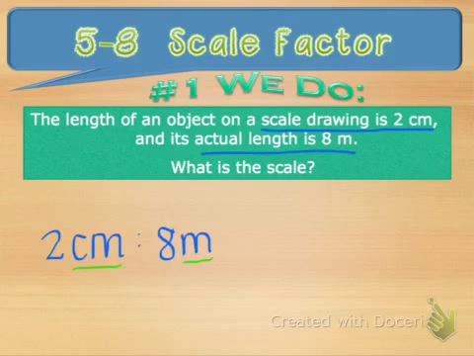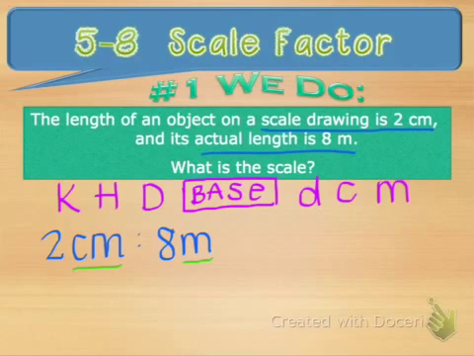The nice thing about this is that it's in metric, so we're going to have to reference back to our King Henry died by drinking chocolate milk, and what we're going to have to do is skip and jump from centimeters. So to go from centimeters, we're moving up to meters, which is our base.